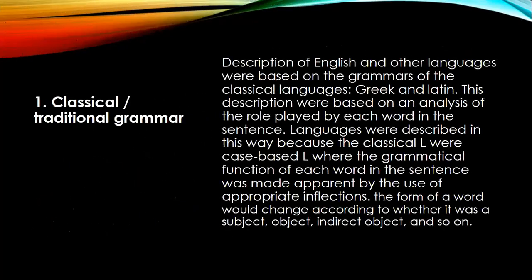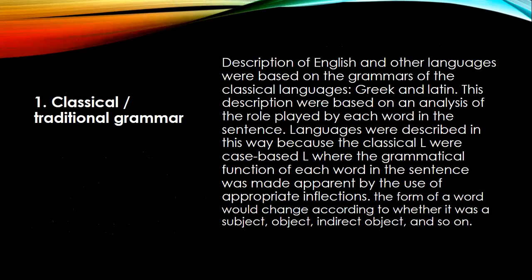Well, first is classical or traditional grammar. Descriptions of English and other languages were based on the grammars of the classical languages, Greek and Latin. This description was based on an analysis of the role played by each word in the sentence.